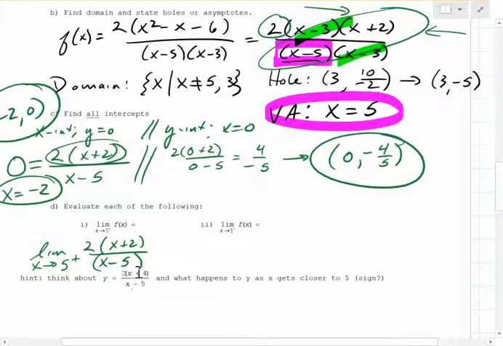Is that positive or negative? If you take away a smaller number from a bigger number, you're always going to be left with a positive. So if I keep getting closer to 5 from the right, the difference is always positive, but the difference gets what? Smaller. So this is 14 on top. The bottom is a small positive number. What's 14 divided by a really small positive number?